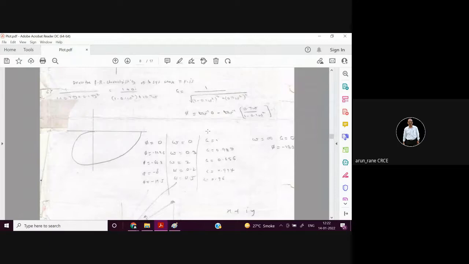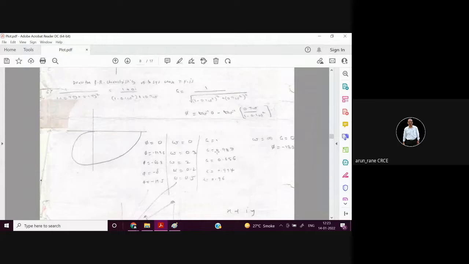Now correspondingly you have to find out the value of phi. So if omega is 0, what will be the value of phi? It becomes tan inverse of 0, so that is nothing but 0 minus 0. Now you substitute omega 0.3 and find out the value of phi.